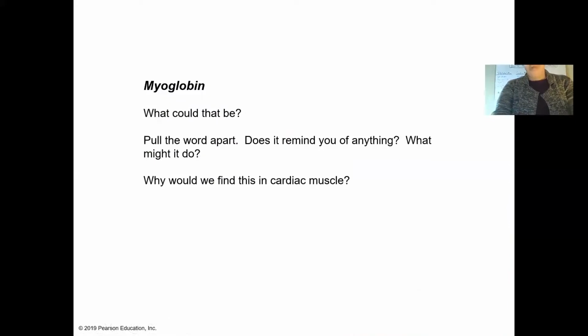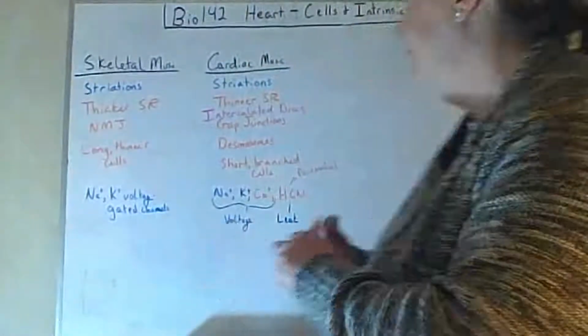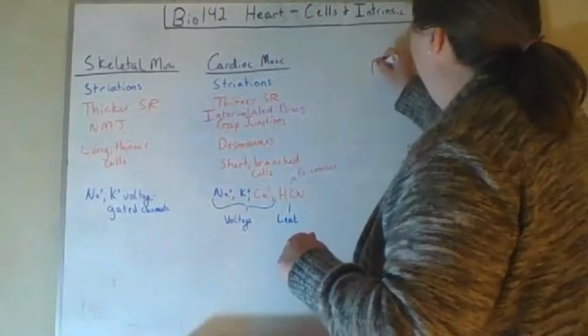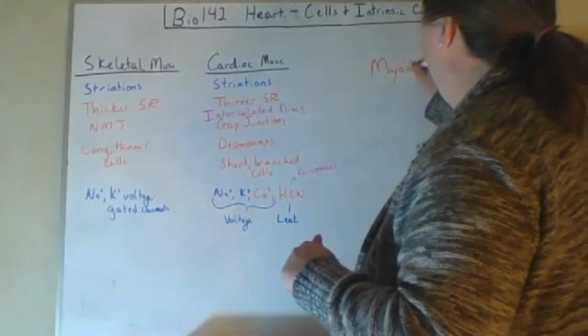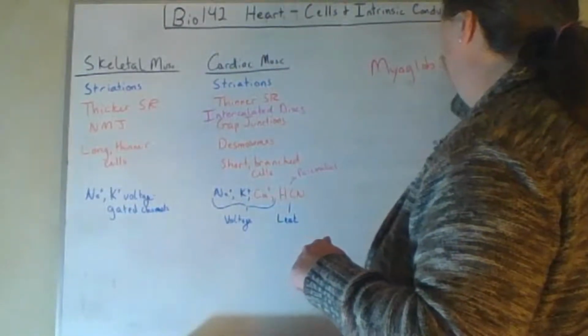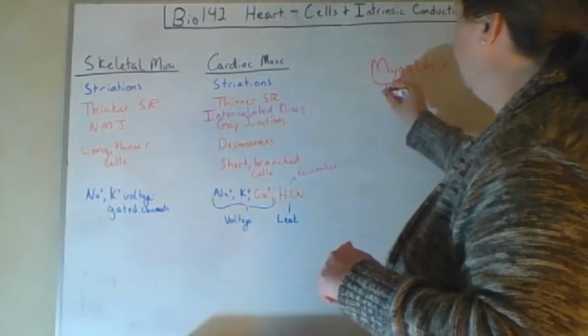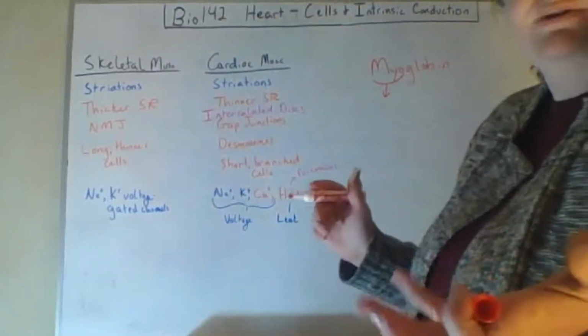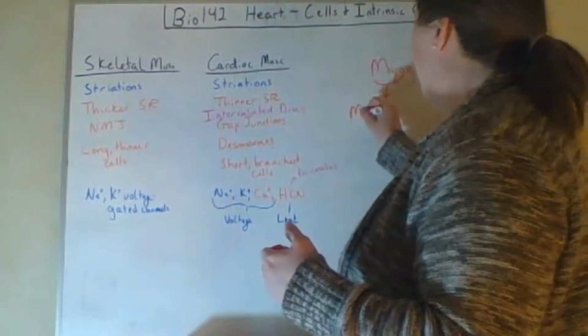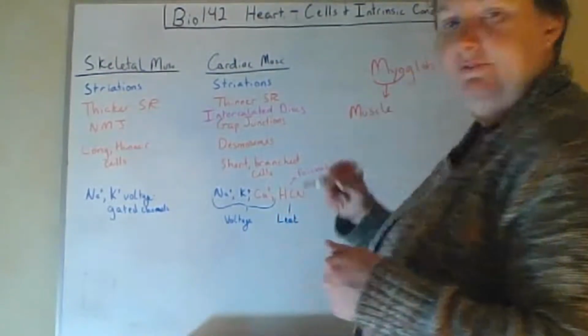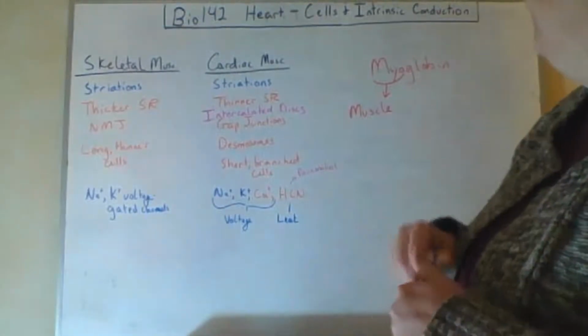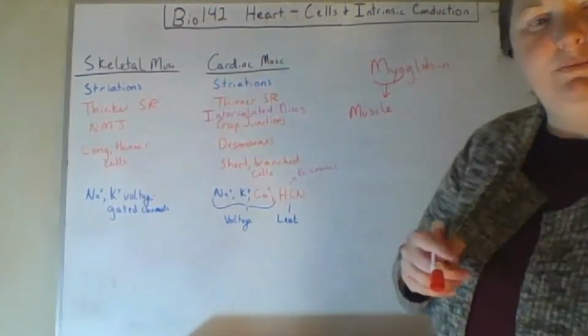All right. Something else that is really fun in cardiac tissue, it's myoglobin. What is myoglobin? What could it be? Let's pull it apart. What is myo? Muscle, right? Myocyte. What is globin? What does that sound like?